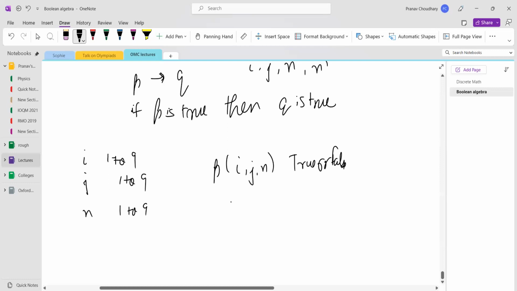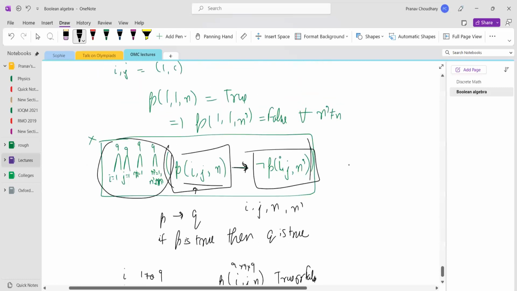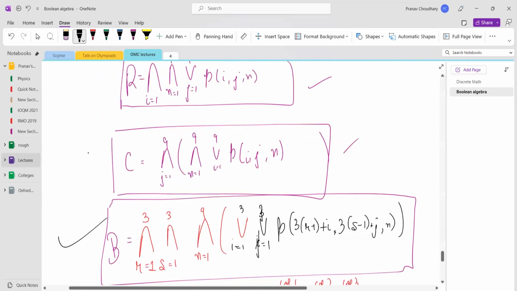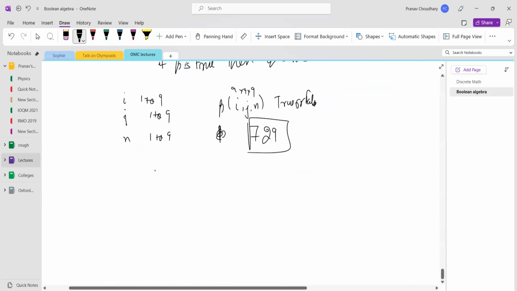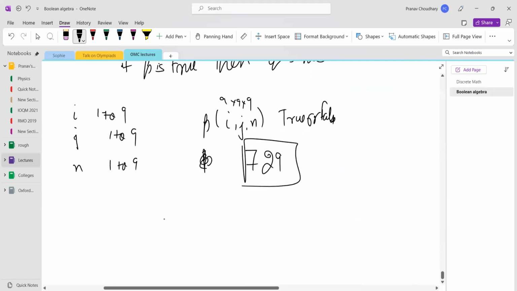You test over all these values. In one test case, you assign particular truth values to all these propositional variables. There will be exactly 729 such propositional variables, 9 times 9 times 9. You assign true or false to all of them, and you see if condition 1, condition 2, condition 3, condition 4 are satisfied. If they are satisfied, then that is a satisfiable solution to Sudoku.